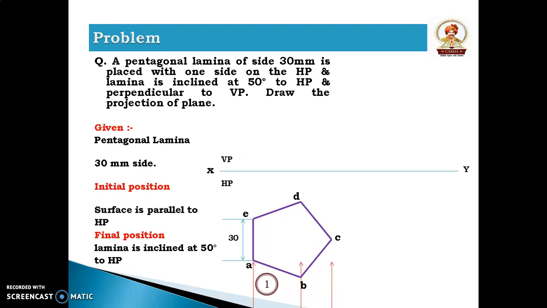Then draw the projections on the HP, as one of its sides is in HP, and name it A dash, B dash, C dash, D dash and E dash. It is the front view of initial stage, and that is the second step of the problem.